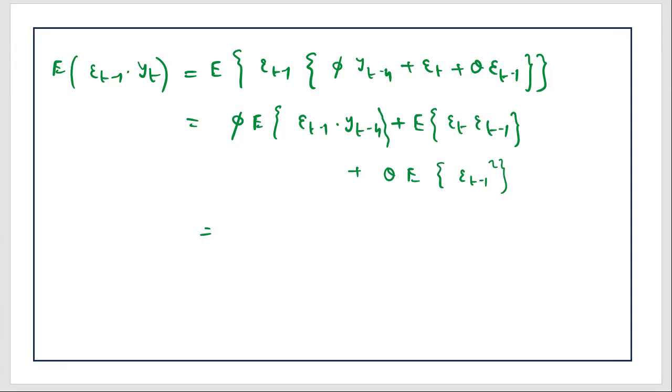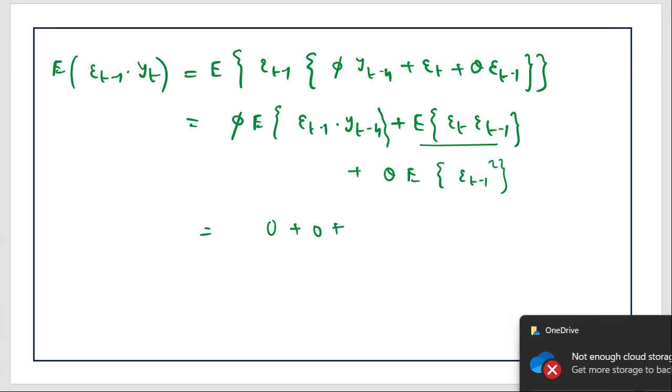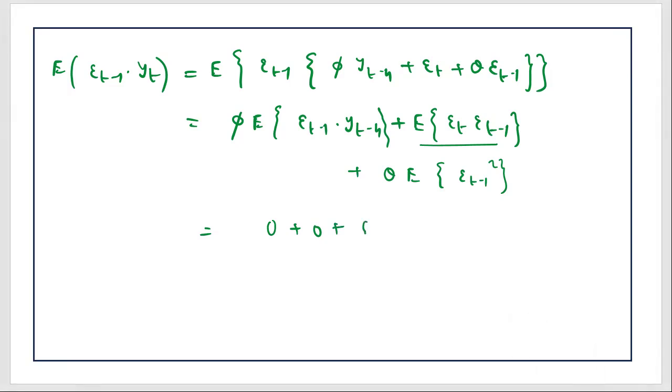Now, this first portion is phi expectation of epsilon t minus 1 yt minus 4. Again, this will come out to be 0 by similar logic. And this thing is again 0 due to non-autocorrelation of the epsilon t white noise process. And the final thing is theta into the variance of epsilon t minus 1, which is sigma square. So this will come out to be theta sigma square, right?